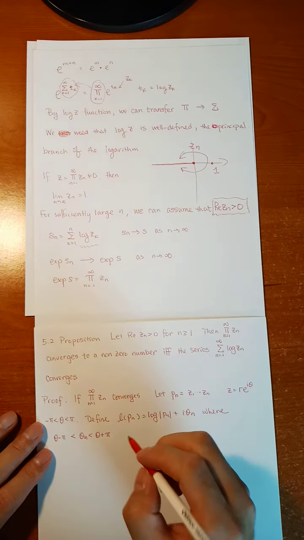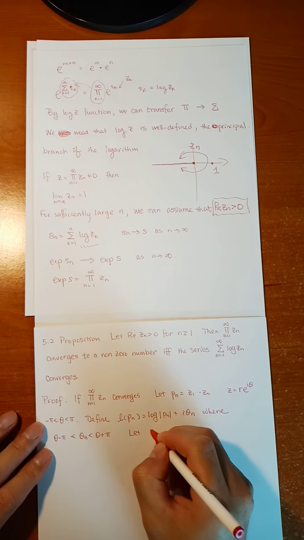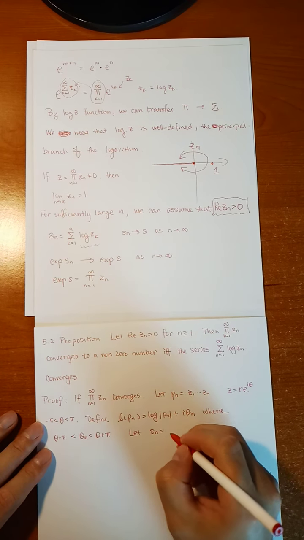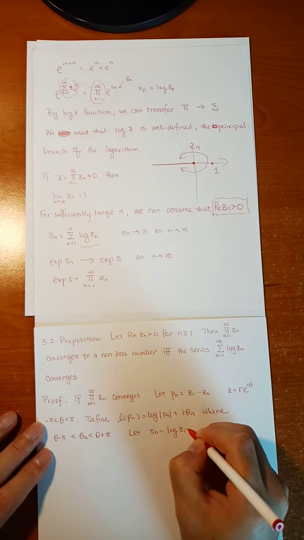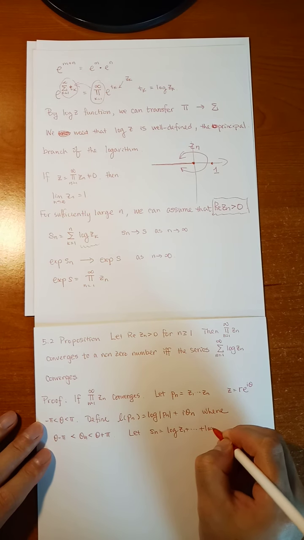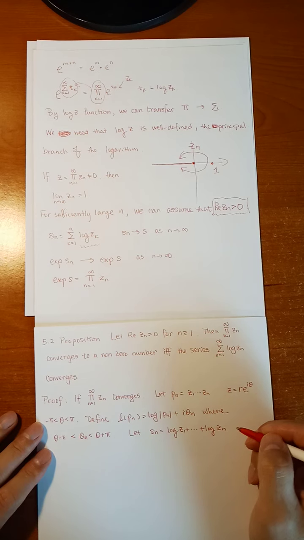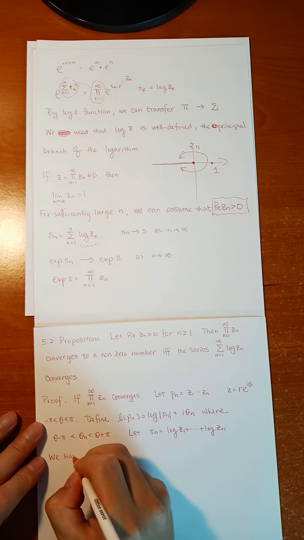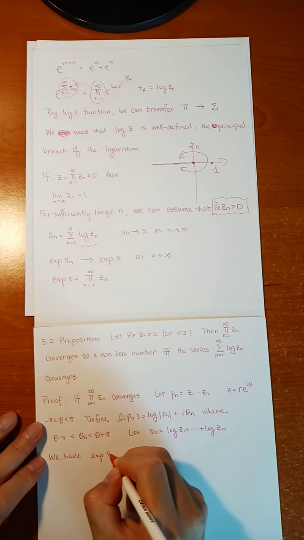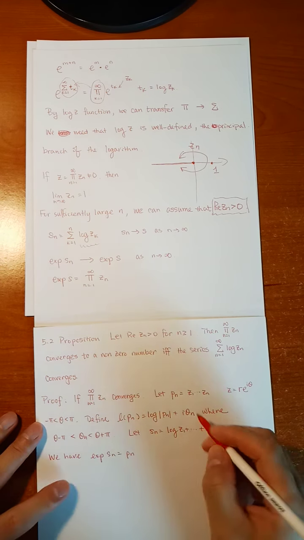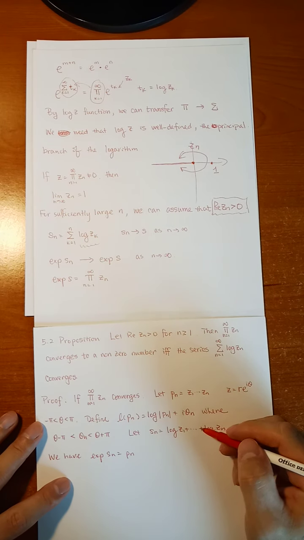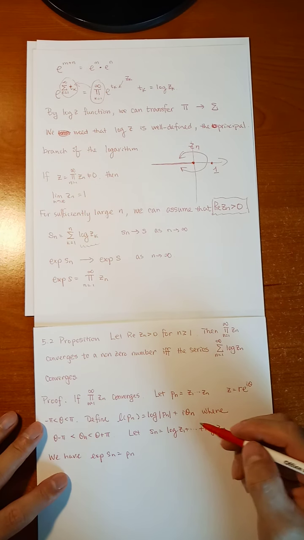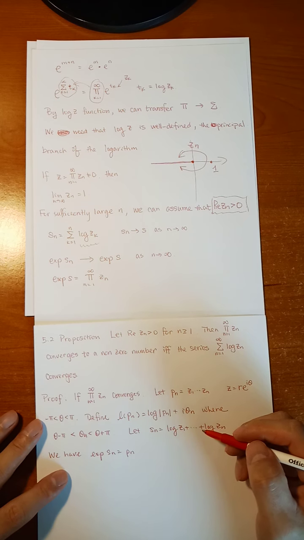Okay, and then we let Sn be log z sub 1 plus log z sub 2 plus up to log z sub n. Then we have the exponential of Sn equal to Pn. Well, it's a finite product, finite sum. They always satisfy this property.